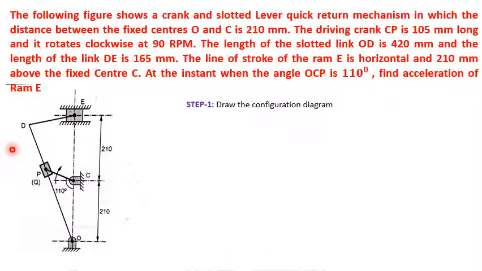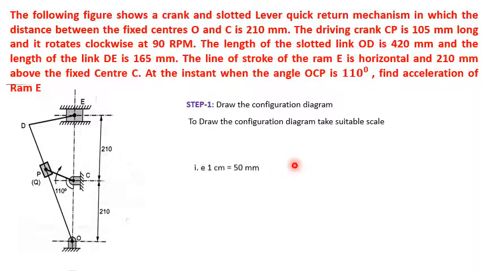So always first step is we have to draw the configuration diagram. But in order to draw the configuration diagram, we have to take a suitable scale, because here it is given in millimeter, and the length is very high. Therefore we have to take a suitable scale in order to fit our diagram within the sheet.